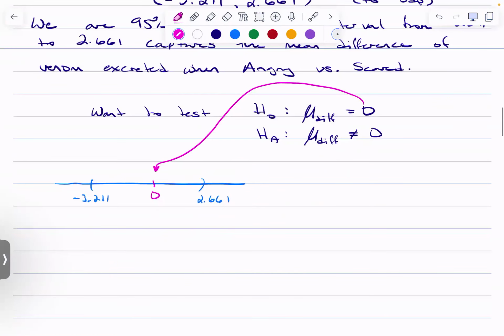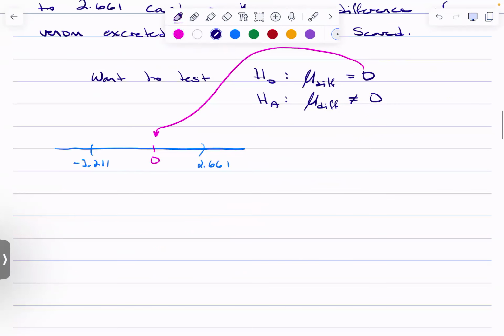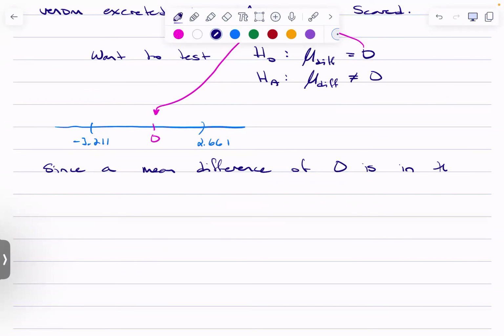And so our conclusion would be, since a mean difference of 0 is in the interval, we do not have enough evidence to reject H naught.